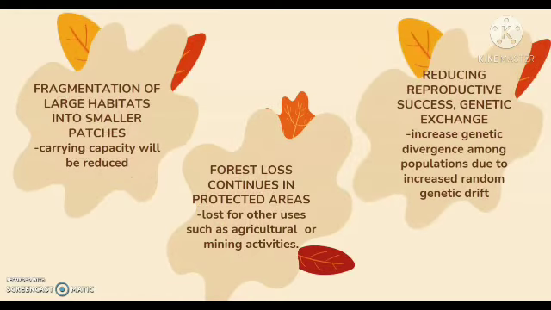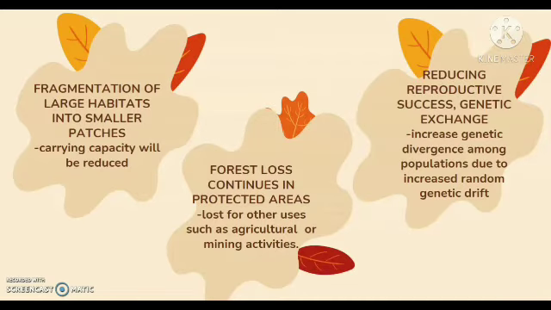Next, we will see that fragmentation of large habitats into smaller patches, its carrying capacity will be reduced. So next is forest loss continuous in protected areas. That could be when lost for other uses such as agriculture or mining activities.